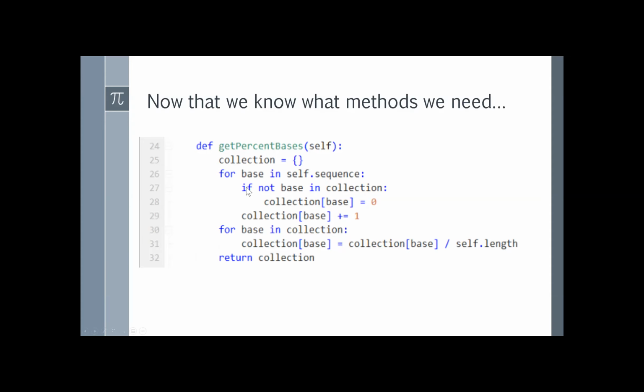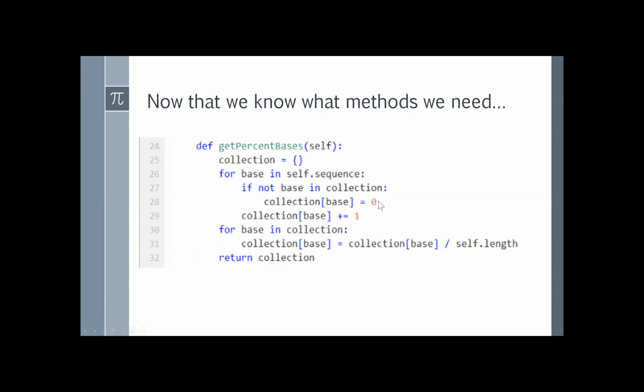So here what I'm saying is if the base is not in the collection, and if I check if something is in a dictionary, it checks to see if it's in its list of keys. So if I haven't seen that base yet, then it's going to initialize, and this is another initialization, it'll initialize collection for that base to 0.